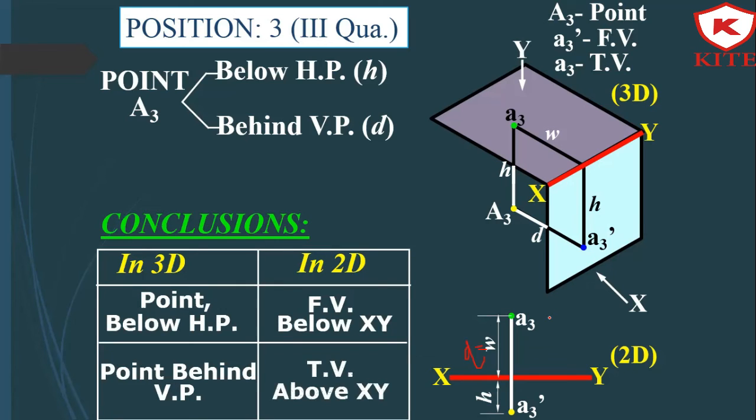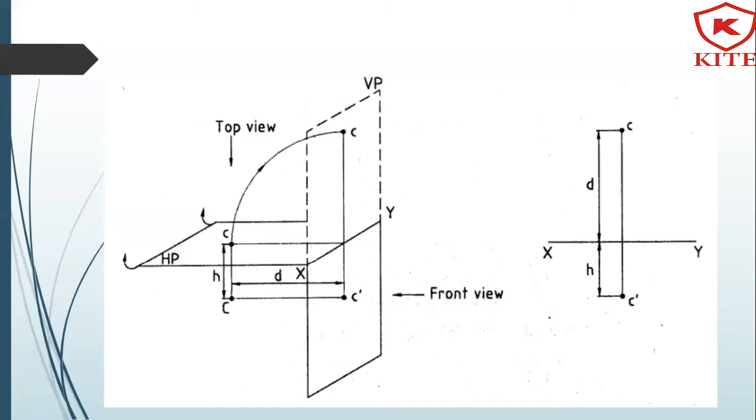If the point is behind VP, then my top view is above the XY line. Similarly, my front view: point C is projected in the vertical plane. In the vertical plane, the front view is always plotted, and in the horizontal plane, the top view is always plotted. So compared to the first quadrant case, the projection occurs in the opposite direction.